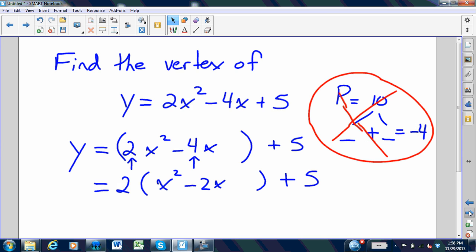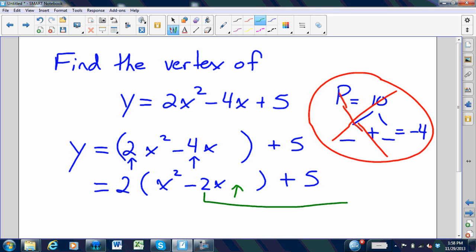At this step, what you have to do is figure out a number that you're going to put into the bracket right here in order to be able to have a factorable trinomial. That number then has to be immediately added and subtracted in this position. In order to find that number, take the middle term number, or coefficient here, negative 2, off to the side, divide it by 2, and square it.